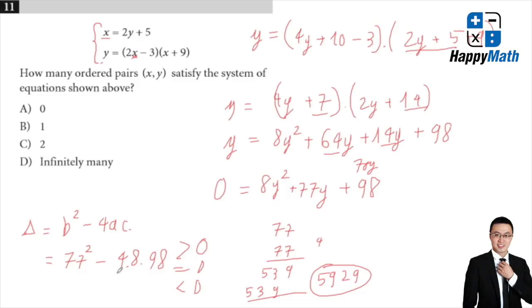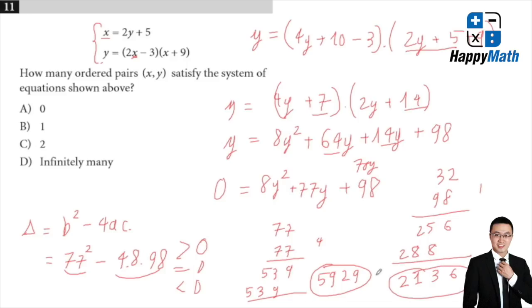And 4 times 8, we have 32, 6, 1, 5, 1, and here 3, 1, 2. So this one is greater than this one, so the sign of the discriminant will be positive.